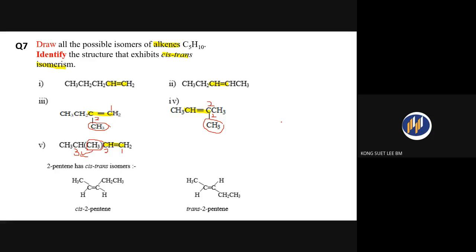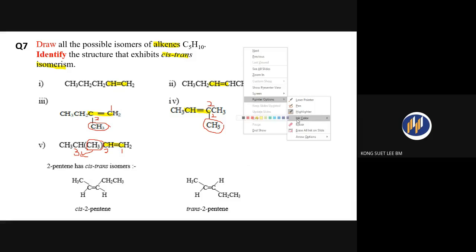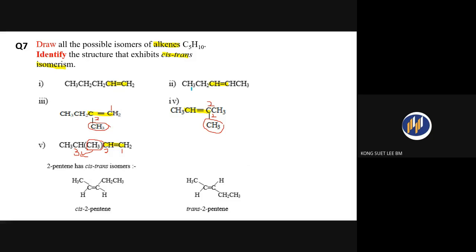Based on these 5 structures, you have to identify which one can form cis trans. The first requirement is a carbon-carbon double bond. All have it, so no problem. Check for the second requirement. Here, two H's, cannot. Here also two H's, cannot. Here also two H's, cannot. This one, CH3, the same, also cannot.